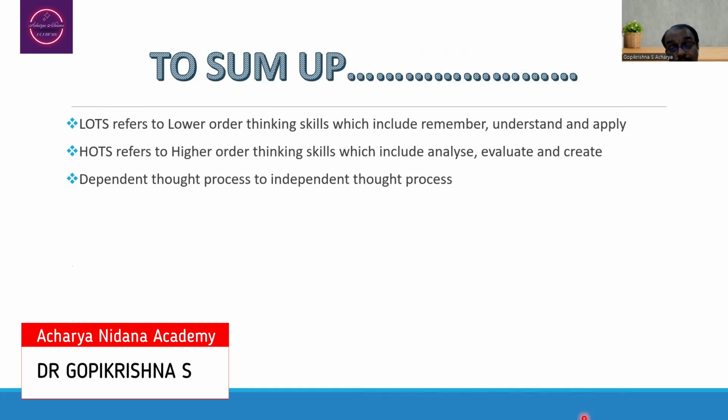And lastly, reproducing the same with the same kind of result, or with a newer innovation technique, is categorized under higher order thinking skills. In other words, the ultimate aim of higher order thinking skills is to move a person from a dependent thought process to an independent thought process.